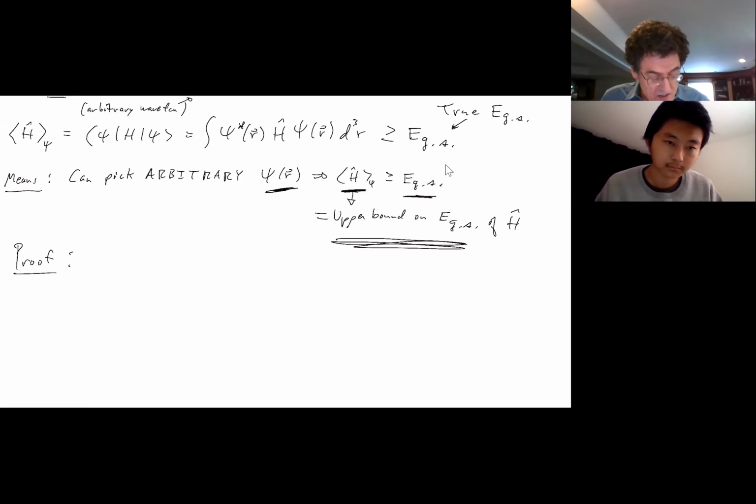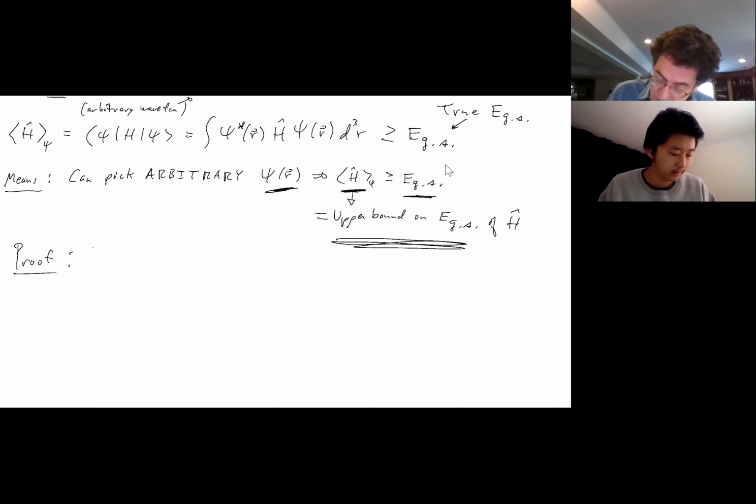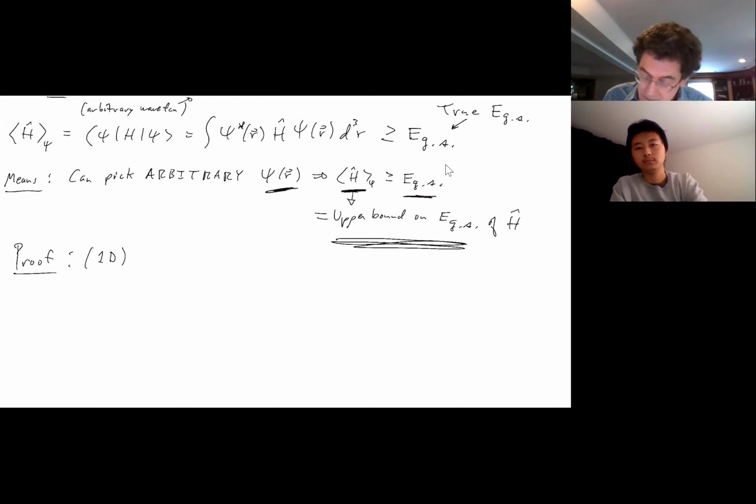So the proof is pretty straightforward. Let's prove it in 1 dimension, and you could generalize it into 3 dimensions. Let's suppose we're given some Hamiltonian.